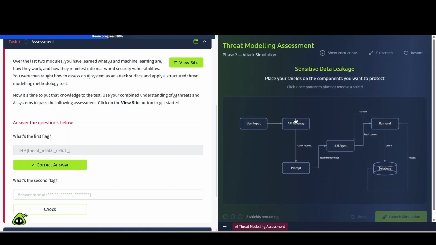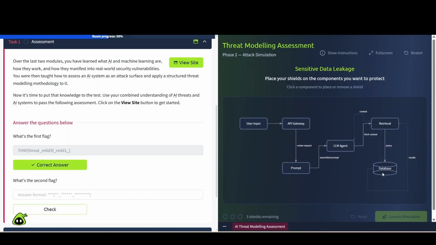Okay, so same thing here. I'm going to place the shields inside of here. Okay, so this is sensitive data leakage, and let's see what would be affected for this particular one. Well, since it's going after data, right?